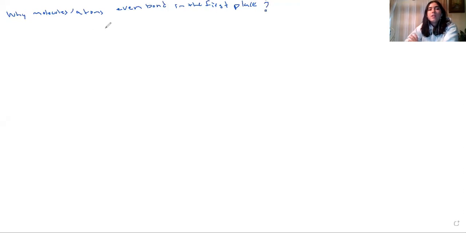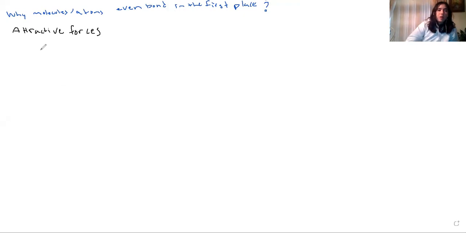The answer is attractive forces. They're attracted to each other. Their opposite charges, even if they're partial positive or negative, attract them to each other.